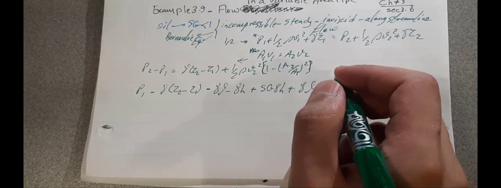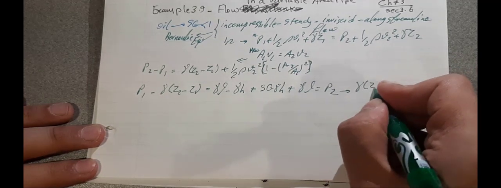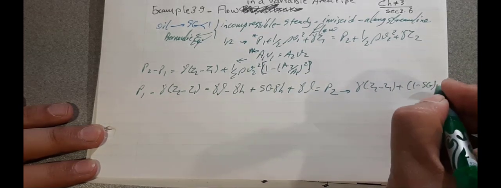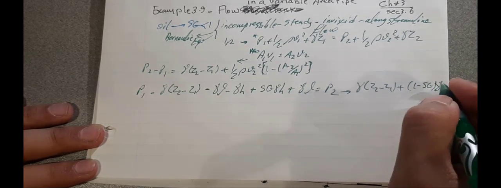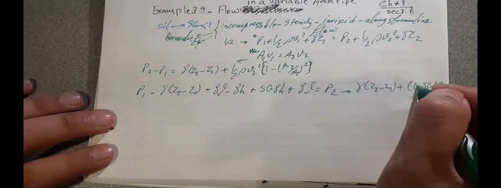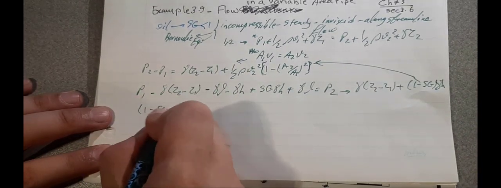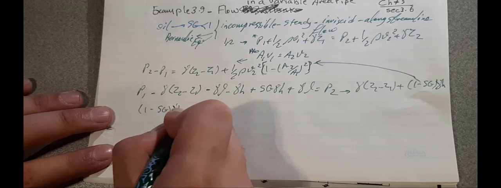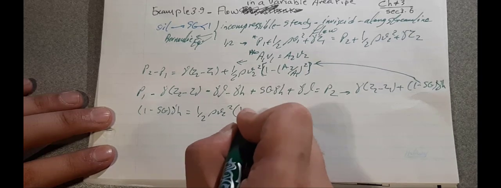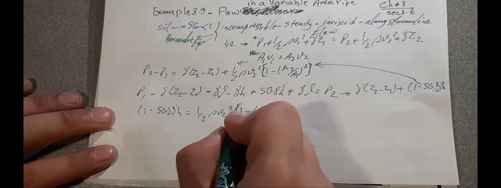So as a result, we have gamma (Z2 minus Z1) plus (1 minus Sg) gamma H. Putting it here, we have (1 minus Sg) multiplied by gamma H equal to 1/2 rho V2 squared multiplied by (1 minus (A2 to A1) squared) totally.